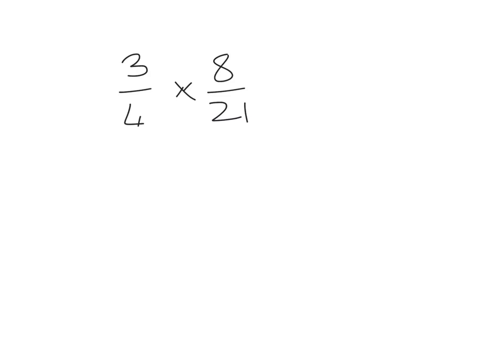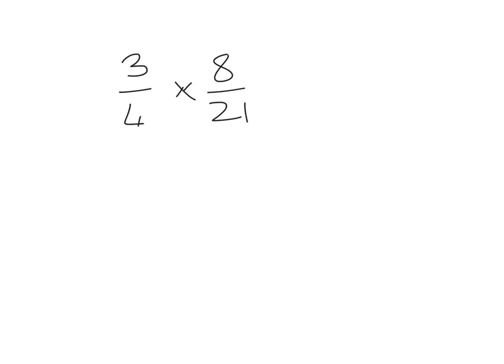That 24 is made up of all the things that we used to multiply together. So what if we could do some simplifying before we did the multiplying? The 3 and the 8 are going to combine to make our new numerator. The 4 and the 21 are going to combine to make our new denominator. We can take bits and pieces from our numerator and denominator and cancel them out now.